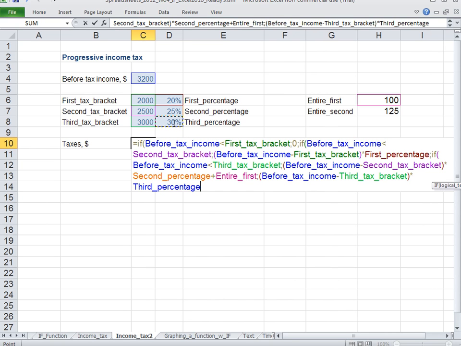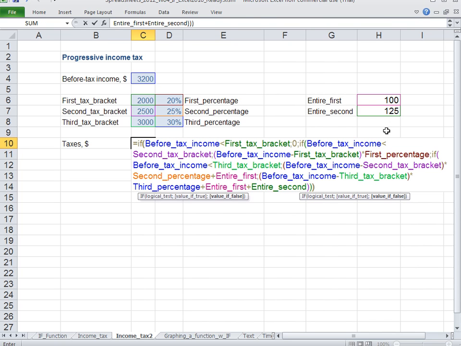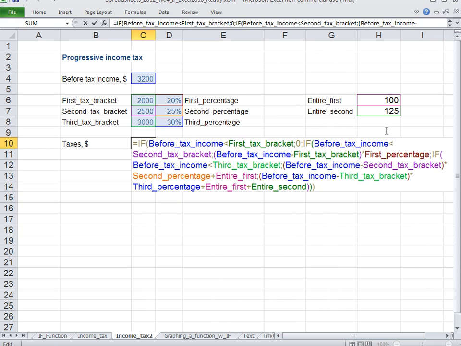And then of course we have to pay the entire amount on 20% between 2,000 and 2,500. And the entire amount of 25% between 2,500 and 3,000. So that's how it goes. And now we can close all the parentheses. Here is our formula and here is our result.